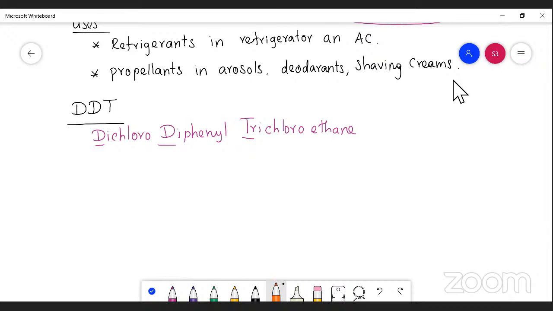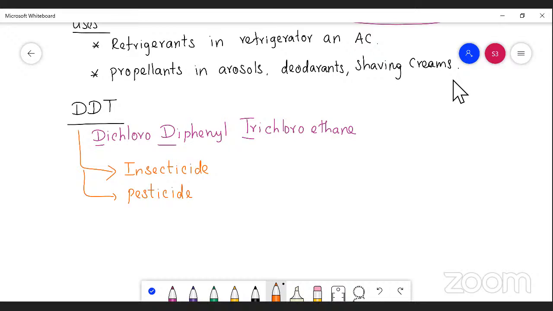It is used as an insecticide and pesticide. So this DDT is used as an insecticide and also acts as a pesticide.